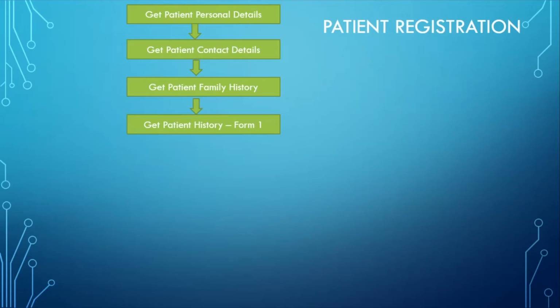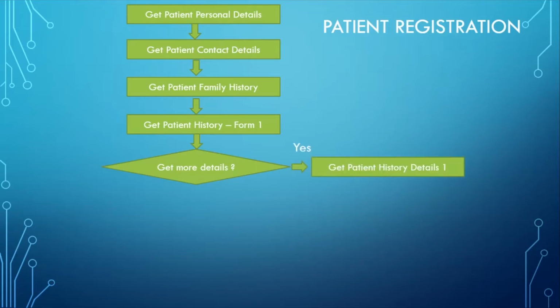There are a number of forms for this. There will be a number of questionnaires, and say for example there is a questionnaire which is like, are you diabetic? If the answer to this particular question is yes, then the application has to go to the next form, which is to get the patient's history details. So this will be a detailed form for that particular ailment.